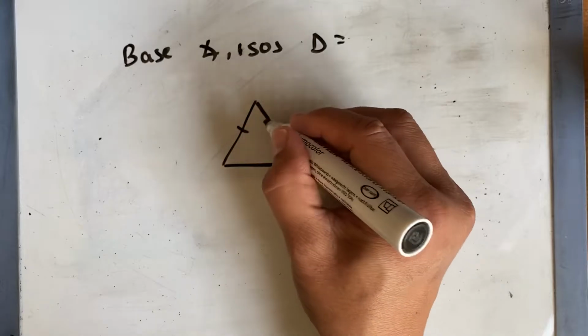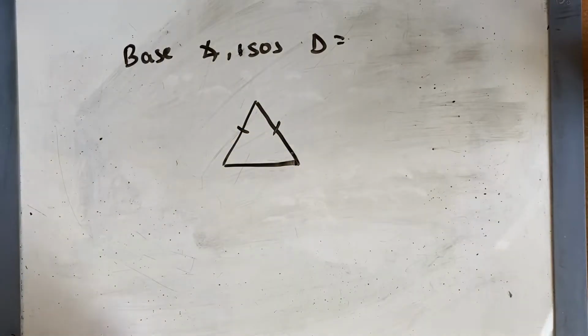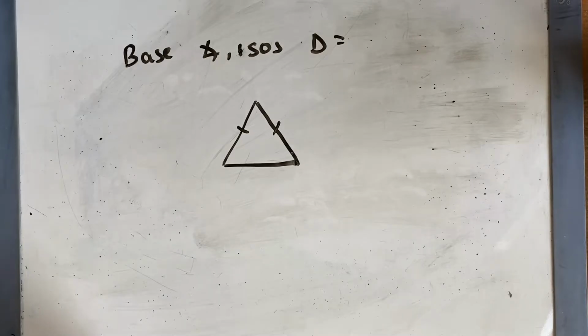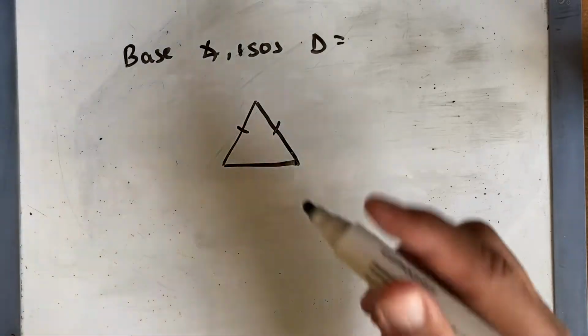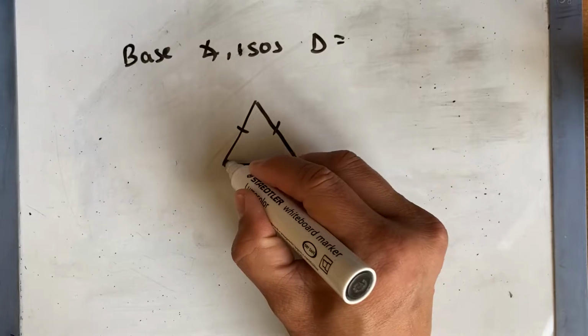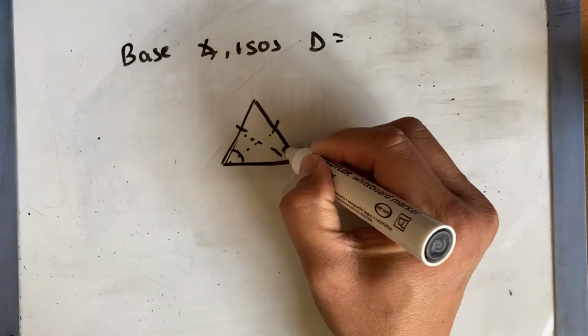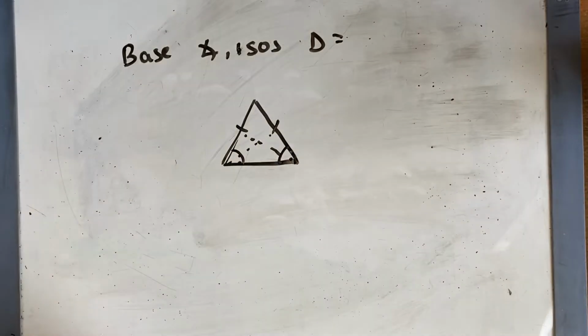For example, that is an isosceles triangle because that length and that length are the same. So which 2 angles are the same? The angle opposite this length and the angle opposite that length, so these 2 angles are the same, and the theorem is called base angles of an isosceles triangle are equal.